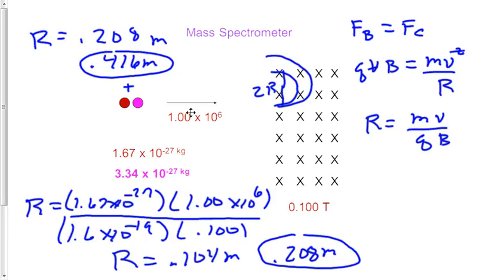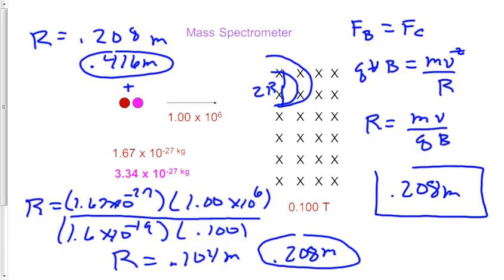And the difference between the path lengths is going to be 0.208 meters. I'll put a box around that. So what that means is the difference between here and this location is going to be 0.208 meters, and that's where the detector is going to see where these atoms come out of this mass spectrometer.